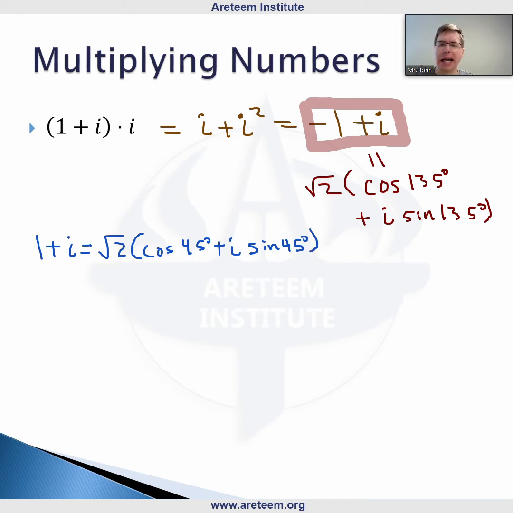What about I? Well, that's similar to negative I, except we're now in the positive direction. So this is just a modulus of 1, and our angle is, of course, 90 degrees in this case. So we have cosine of 90 degrees plus I times sine of 45 degrees.